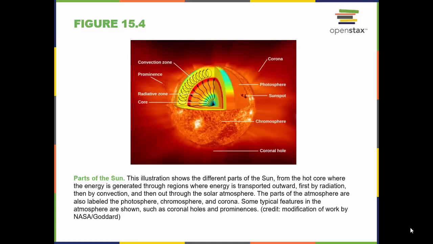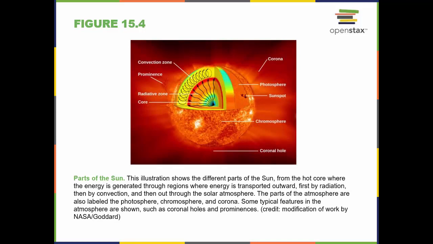If we look at the parts of the Sun, we start with a hot core where all the energy is generated, and then the regions where the energy is transported upward. The energy is first transported by radiation, then by convection, and then out through the solar atmosphere.